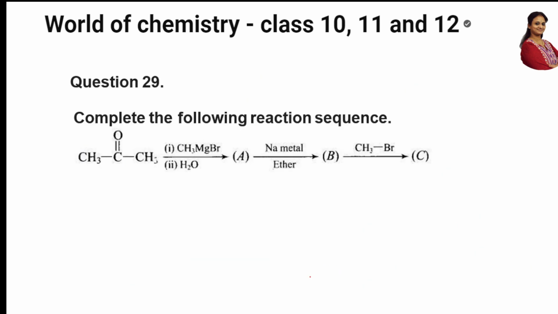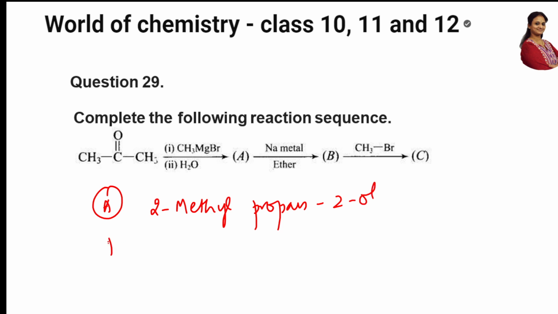They asked me what are the products formed. So let us write what is A, what is B, and what is C. A is 2-methylpropan-2-ol. What is B? B is the butoxide part. Sodium tertiary butoxide. What is C?